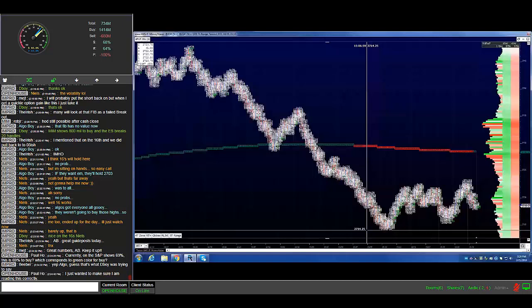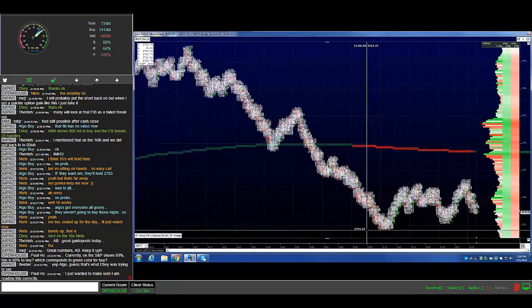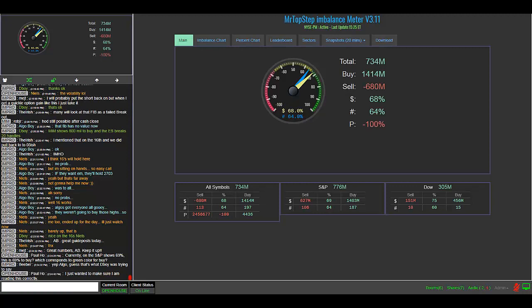So the S&P shows 69%. That means 69% of the dollars are on the buy side for the S&P. It's green because it's positive.